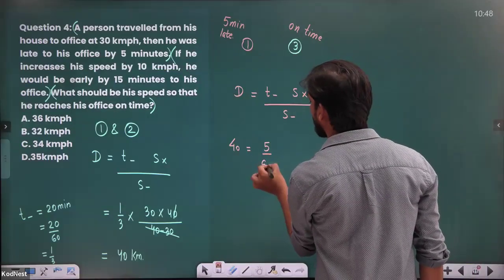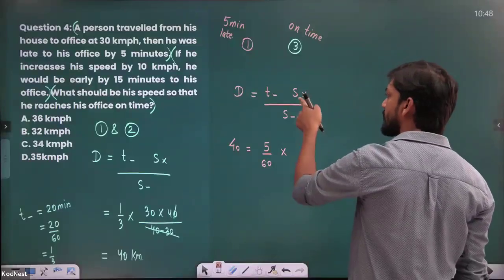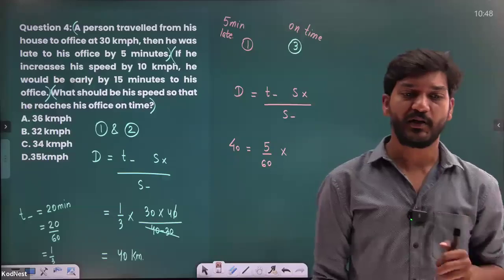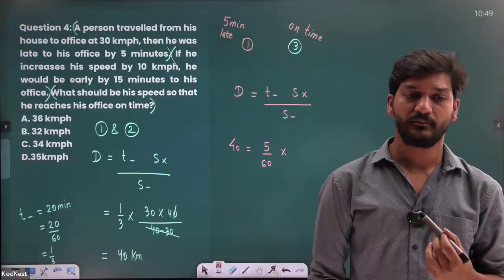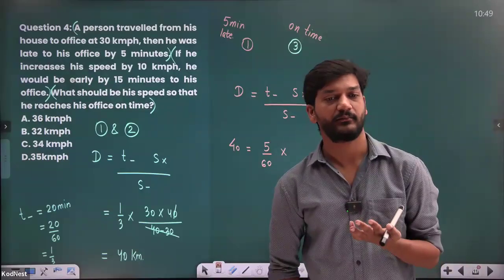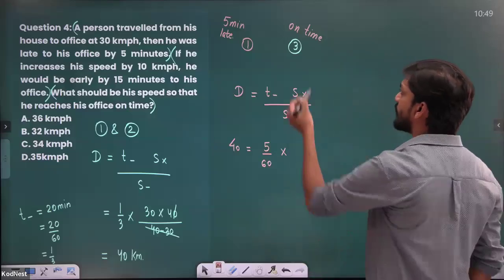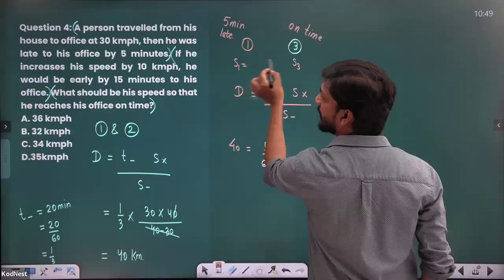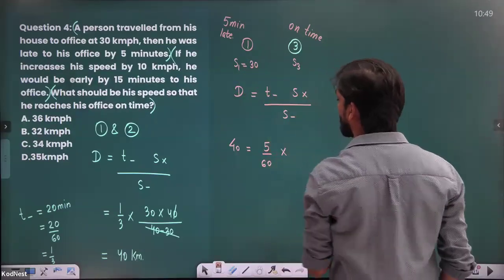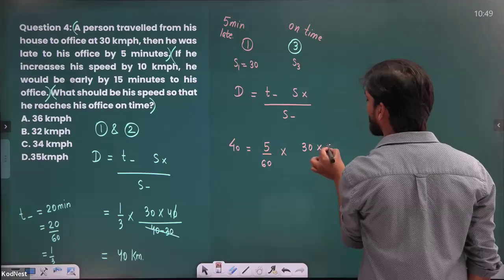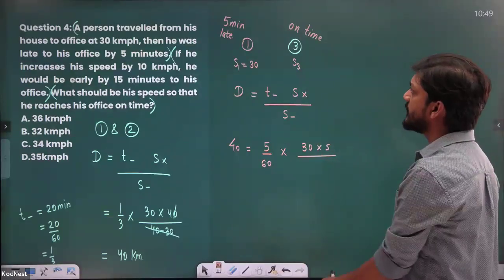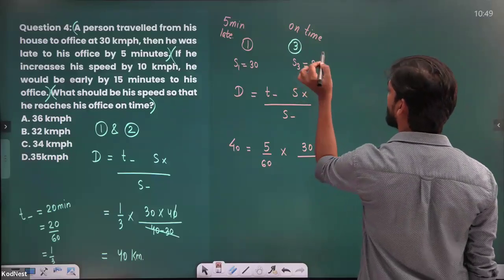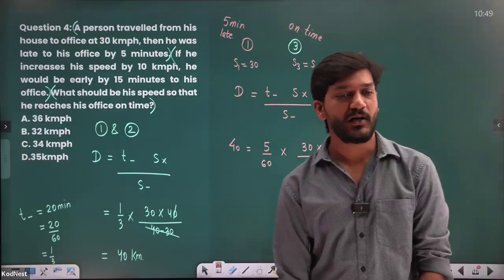So 5 by 60 hours. Can you tell what is the product of speed? You will say, sir, we don't know the speed in this case. But this speed is 30 kmph, so I can write 30 into S. Just answer one thing: which speed will be greater, S1 or S3?